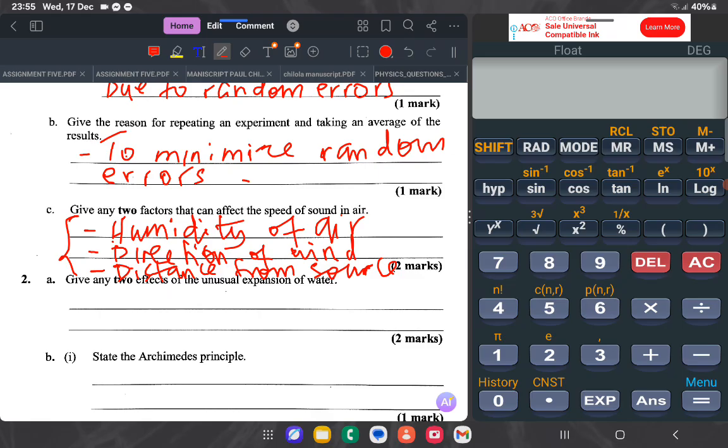That's called unusual expansion, also known as anomalous expansion. So the unusual expansion of water has a number of effects. One of them is bursting of pipes.